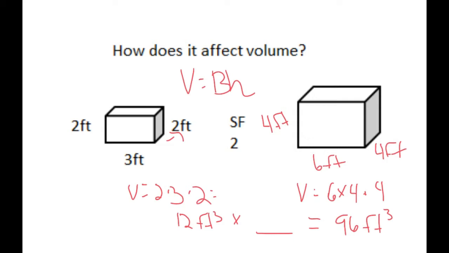So we will do like we did with area, and we will divide our volume of 96 by 12, and we get a multiplier of 8. So the scale factor between the volumes is 8.